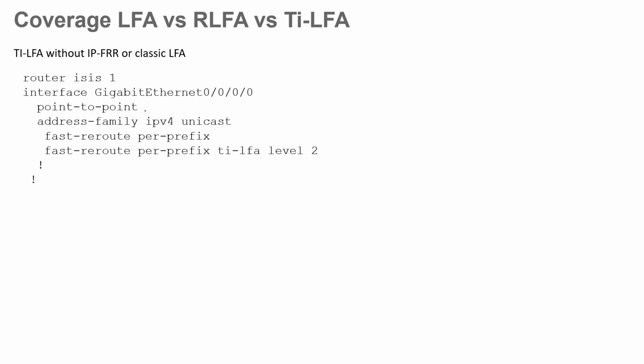So as I said, Ti-LFA is the extension of the loop-free alternate, and to enable Ti-LFA we need to first enable the per prefix loop-free alternate, and then the second command is for the Ti-LFA.